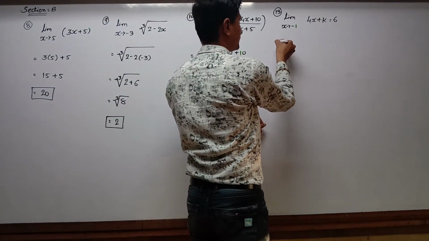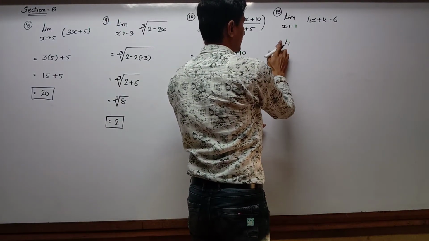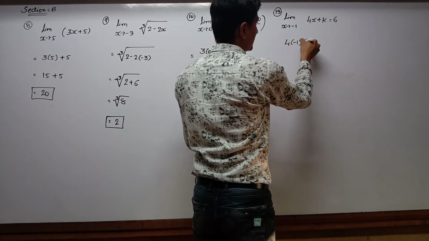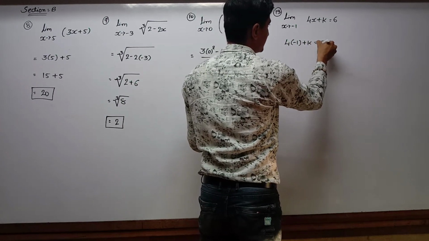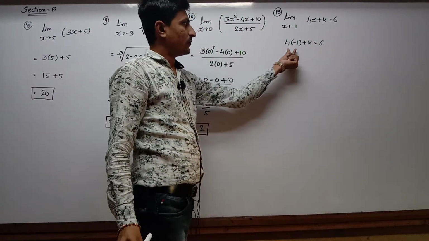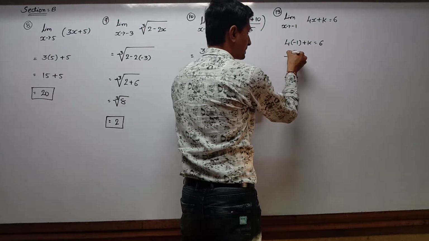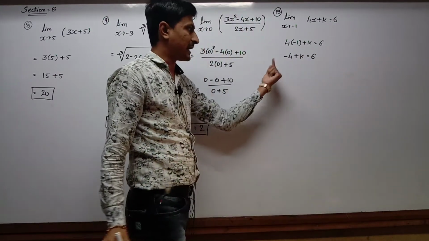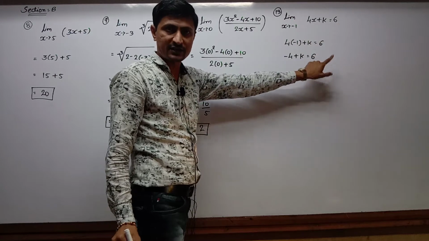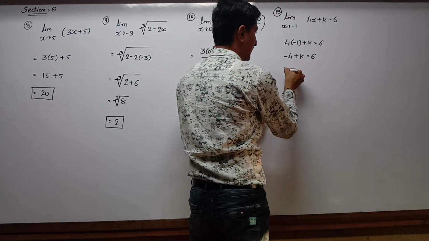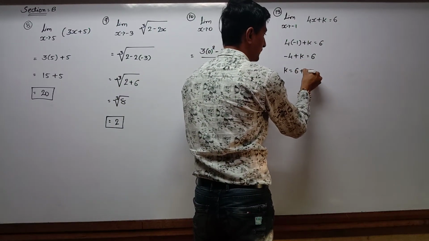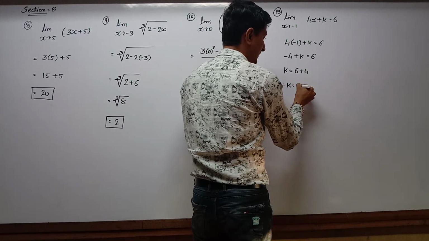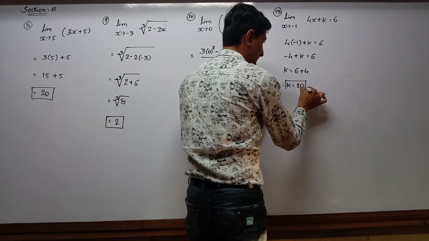Now next step, 4 in bracket minus 1 plus k is equal to 6. 4 ones are 4, but minus 4 plus k is equal to 6. Minus 4 transfers to the right hand side, so plus. Now next step, k is equal to 6 plus 4, therefore the value of k is 10.